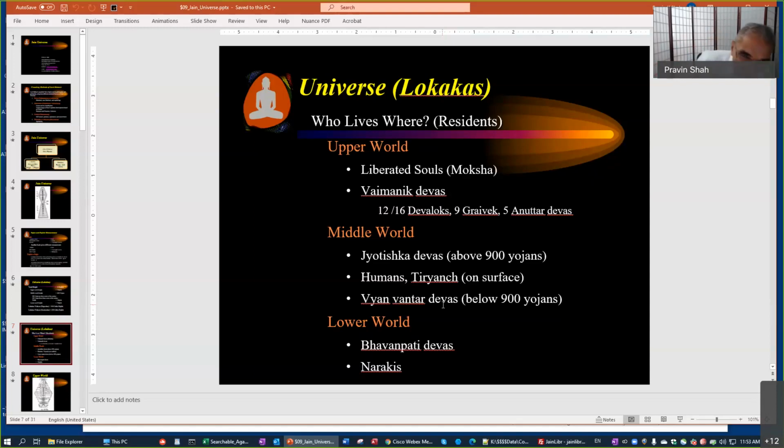So these are the kind of things that happen, and what we see in the scripture, like when a Tirthankar is born, the Dev people come and take him, like Mahavir, to Mount Meru and do the Abhishek, which we call Snatra Puja.